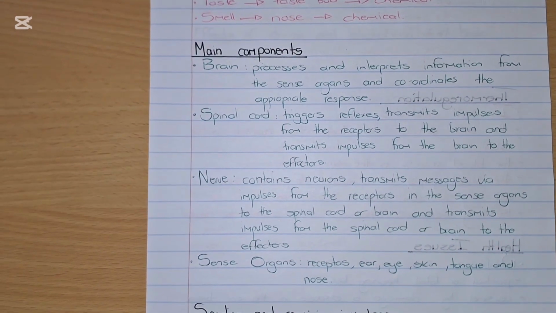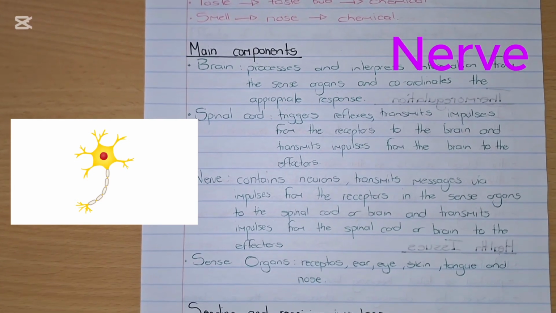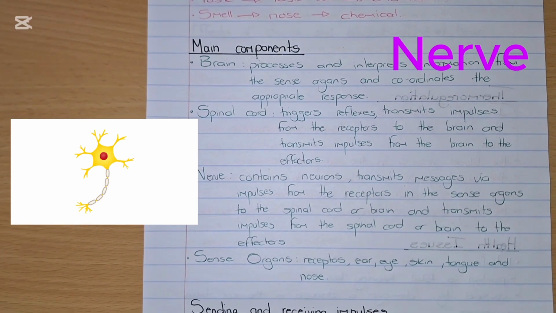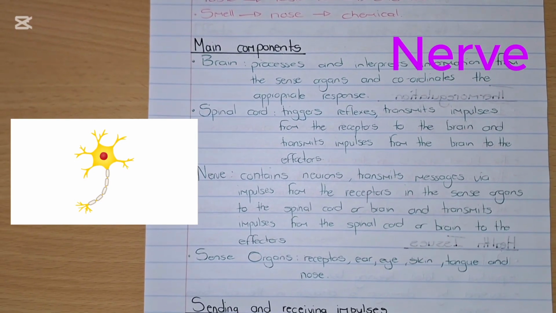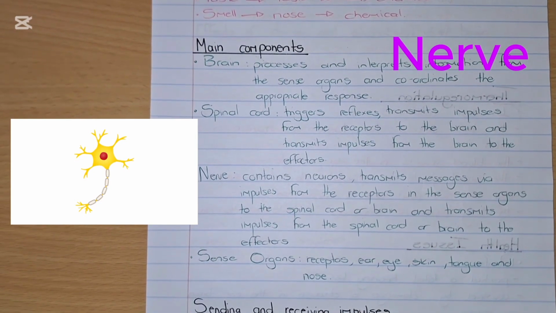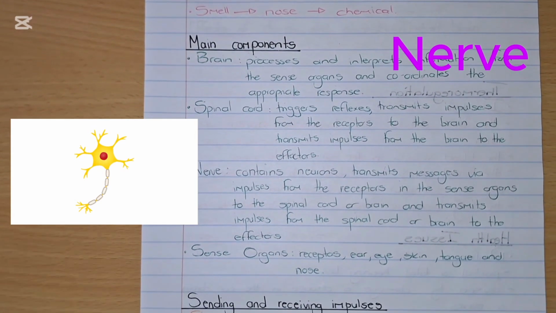Okay? And then we have our nerves, which contain neurons, and they transmit messages via impulses from the receptors in the sense organs to the spinal cord or brain, and transmit impulses from the spinal cord or brain to the effectors.